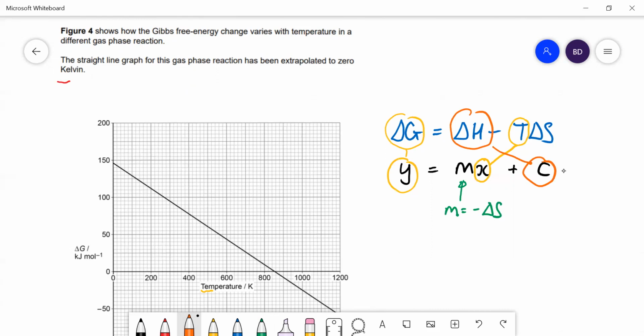Delta H is really easy. All we need is the intercept on the y-axis, which is there. So delta H is equal to minus 149 kilojoules per mole.